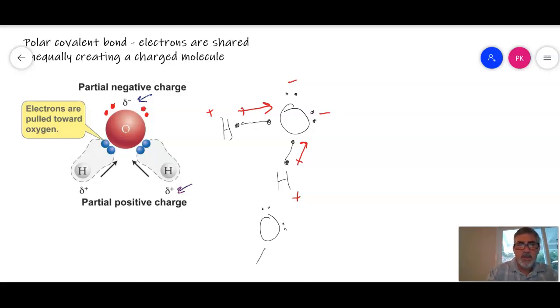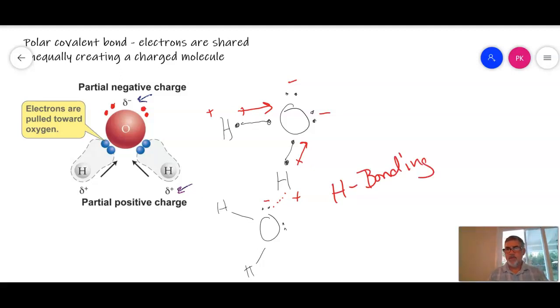If I bring another water next to it, and I have a negative charge here, it'll connect to itself electrostatically like an ion would, and this we're going to learn over the weekend. It's called hydrogen bonding. And hydrogen bonding is very important to living organisms because we're all water-based.